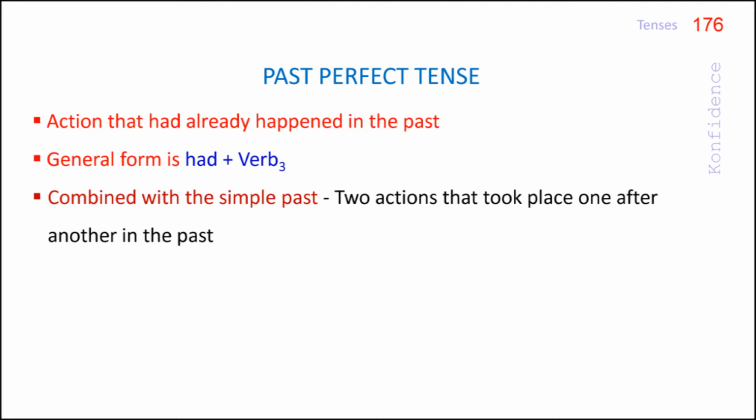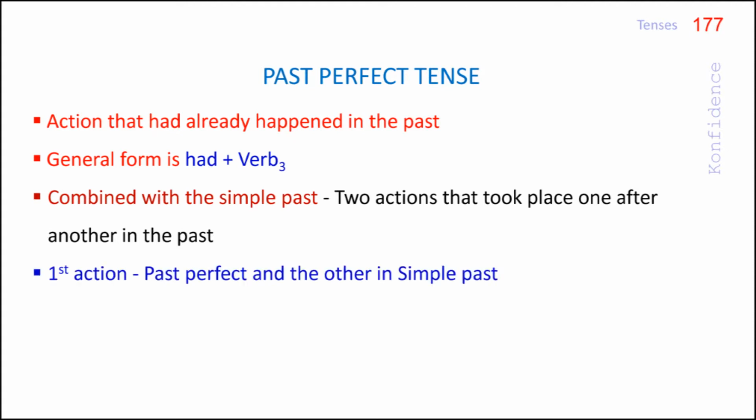Usually, this tense is combined with the simple past to describe two actions that took place one after the other in the past. When we refer to two actions in the past, the action that was completed first must be said in the past perfect and the other which happened later in the simple past.